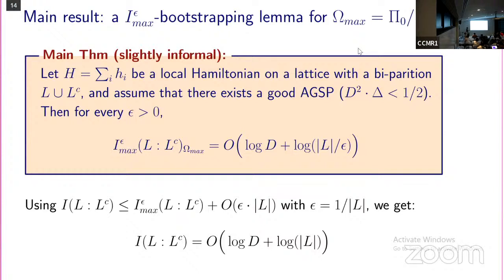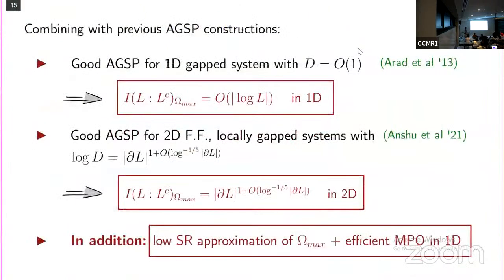It is bounded by log d, where d is the parameter of the AGSP, plus this thing, and taking epsilon to be 1 over L, and using the previous continuity result, this gives us straightforwardly an area law on the mutual information. This is what we want to prove, and in some sense this is the equivalent of the bootstrapping lemma that we had before for the unique state. But this time it is for the maximally mixed state.